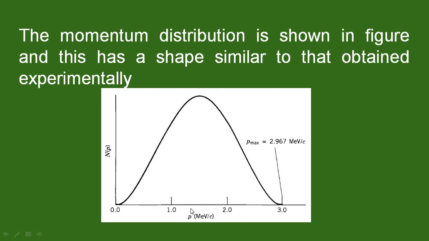So this is the momentum distribution. That means this is n(p) and this is p. You will be getting almost these 2 points we have already mentioned: at p equal to 0 and at p equal to the maximum momentum. Corresponding to that, you have T equal to Q. Again, that value must be 0. So you will be getting a curve like this.